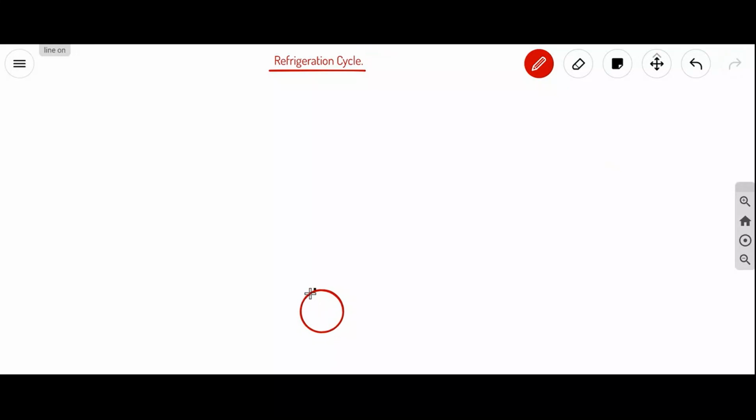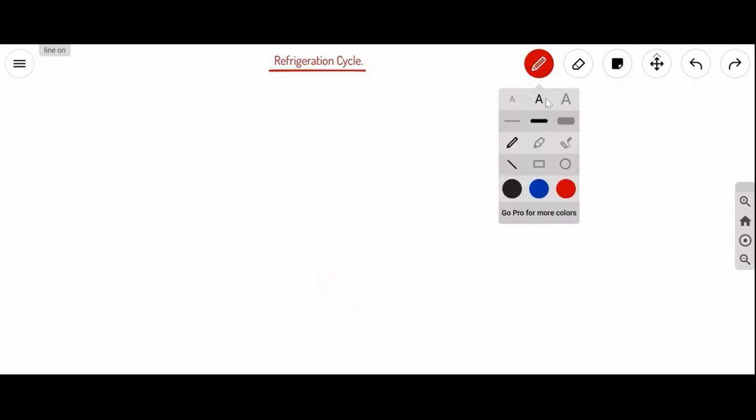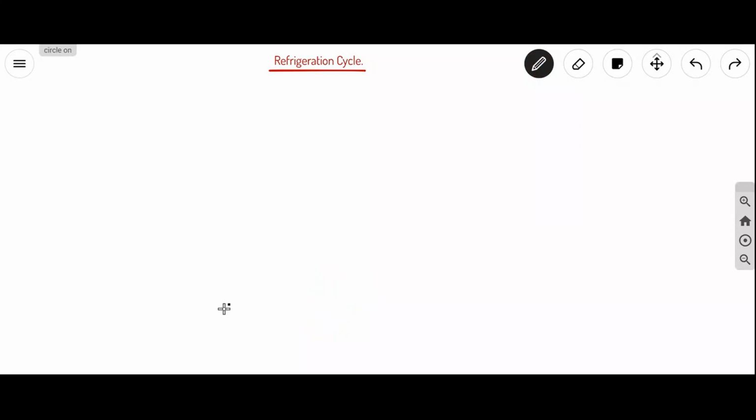High pressure to low pressure. Refrigeration cycle means the refrigerant path flow: compressor to condenser, condenser to expansion valve to evaporator, and return back to compressor. This is one cycle. Why is this called refrigeration cycle? Because it is the refrigerant path.